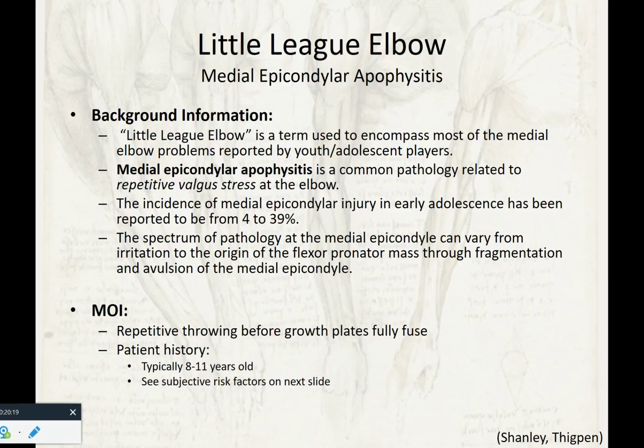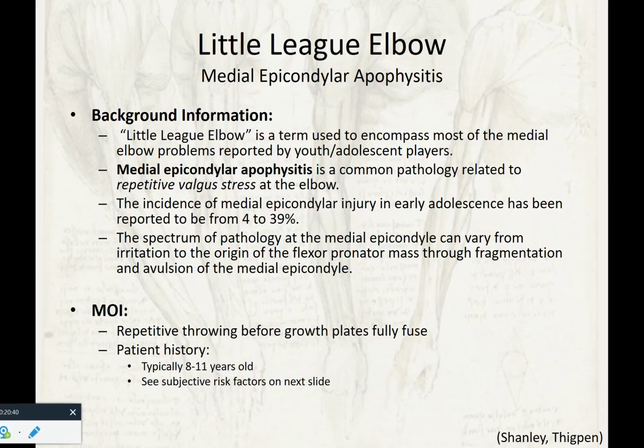The incidence of little league elbow in early adolescence has been reported to be anywhere from 4 to 40%. The spectrum of pathology at the medial epicondyle can vary from irritation to the origin of the flexor pronator mass through fragmentation and avulsion of the medial epicondyle.